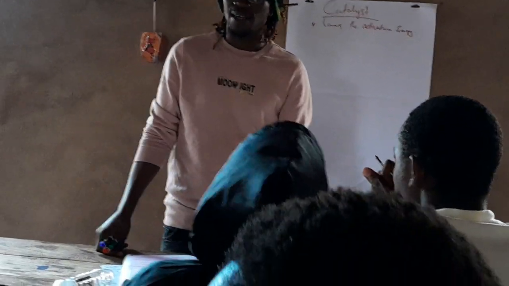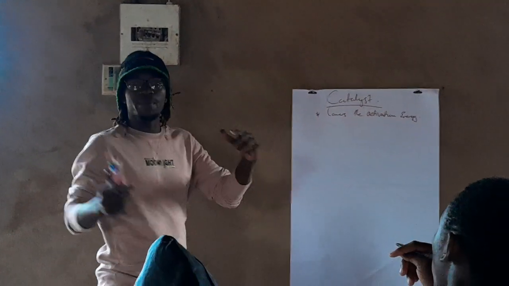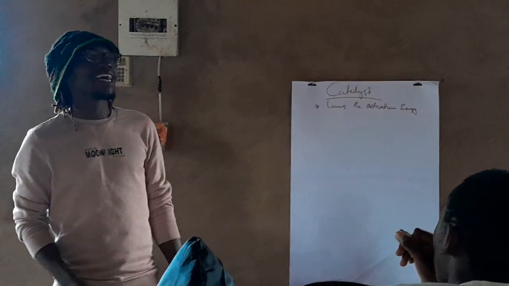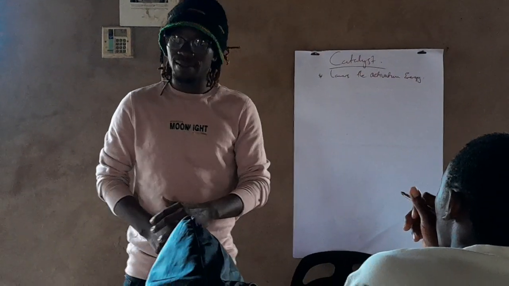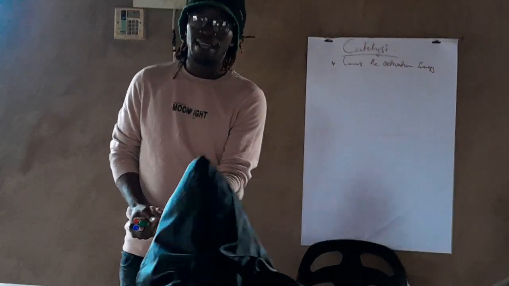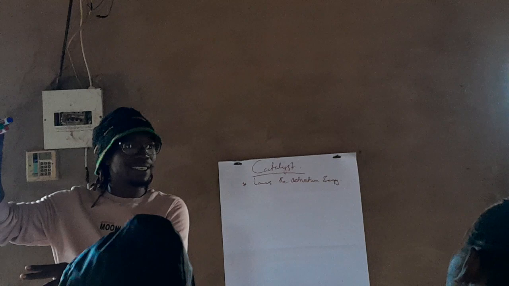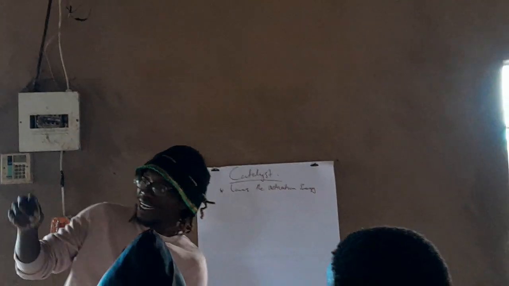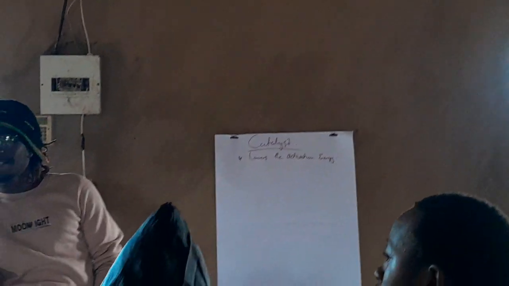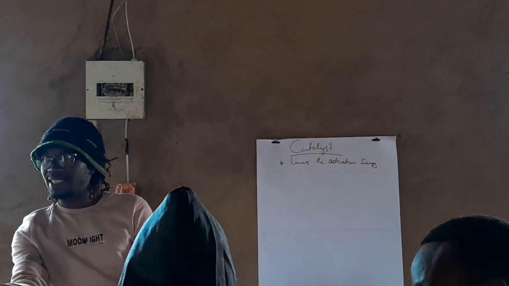Yeah. Right? Directly. Because let's get this right. If perhaps I'm having a reaction that happens at 50 degrees Celsius, right? And right now I'm still heating my things, right? They are still at 20 degrees Celsius. The temperature is still rising, right? And then I put a catalyst that lowers that activation energy, right? Maybe it lowers it to 27 degrees, right?